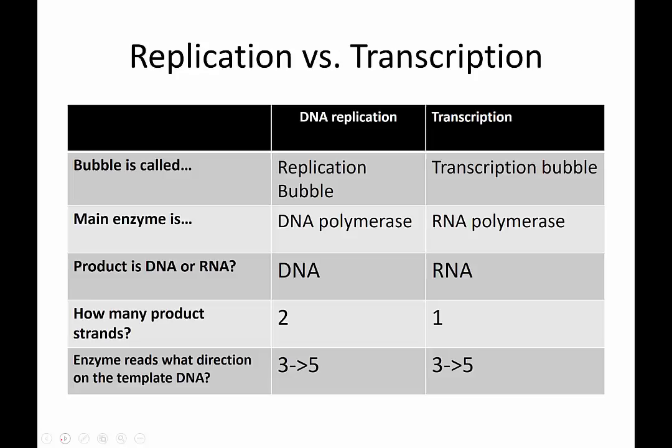One major difference between DNA replication and transcription is the number of strands we produce. So in DNA replication, that's semi-conservative replication, so we produce 2 new strands, each paired with 1 old strand or parental strand. In transcription, we produce only 1 strand of RNA.